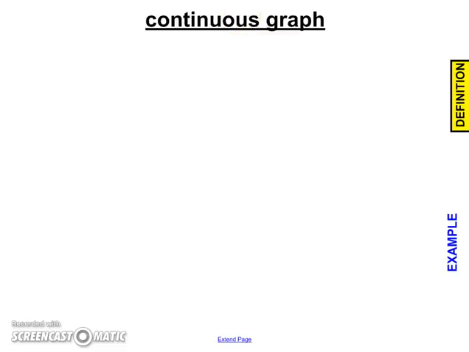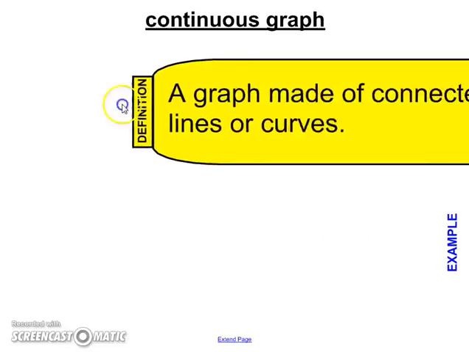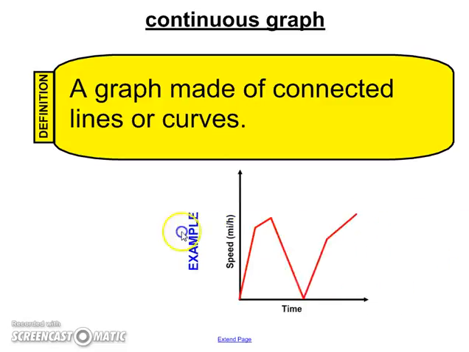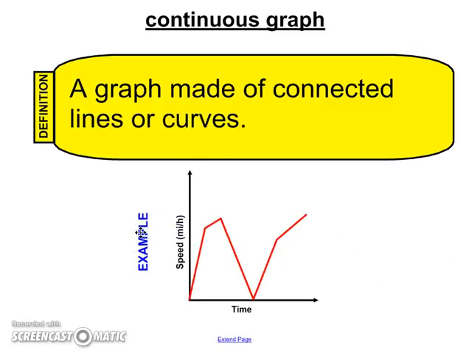Now I want to take a second here to talk about two different types of graphs. The first one is a continuous graph, and this is a graph made of connected lines or curves. As an example, if I pull one of my snowboarders out of here, this was the guy who fell. You'll notice that this is made up entirely of, in this case, straight line segments.